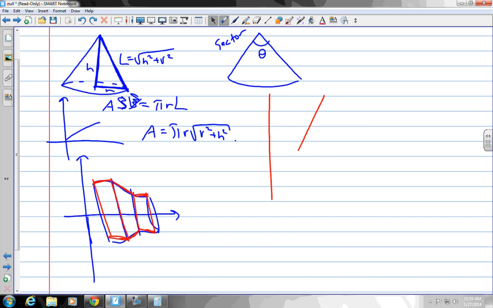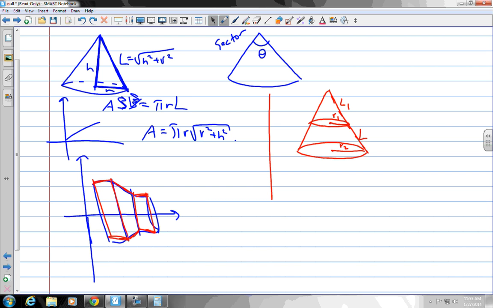Now, if we try to figure out the surface area of something like this, we have two radii, we have two sides. Let's call this side L, this side L1, this R1, and this R2. Okay?